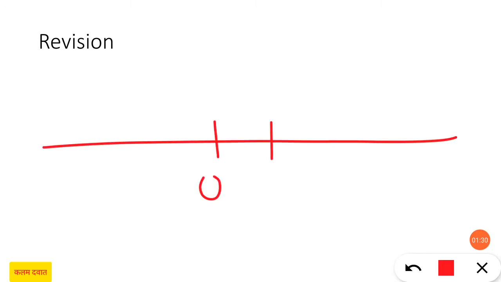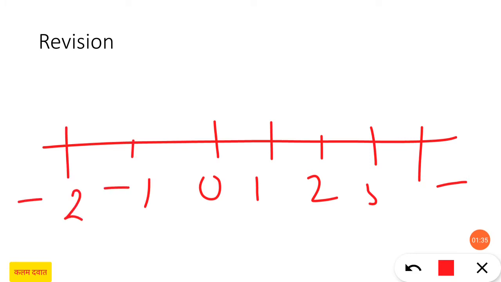One more thing. First of all, I am making a number line for you. 1, 2, 3 and so on. Minus 1, minus 2. Suppose we are collecting some numbers.